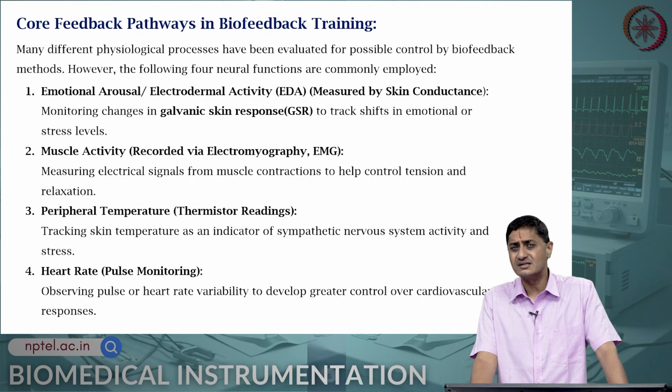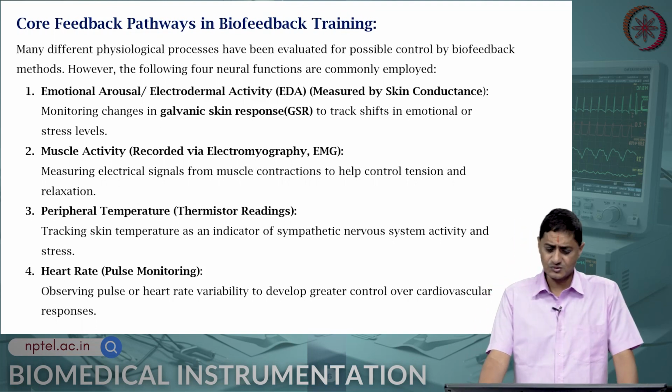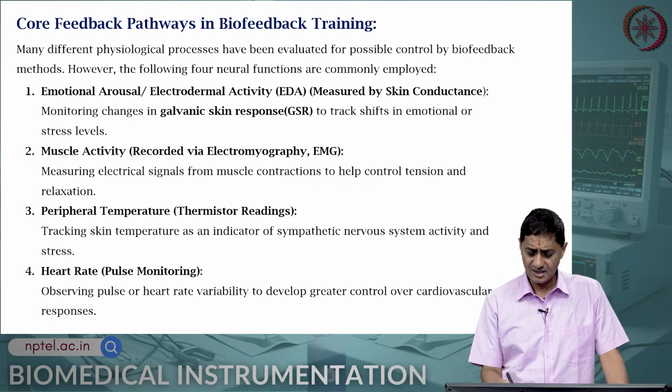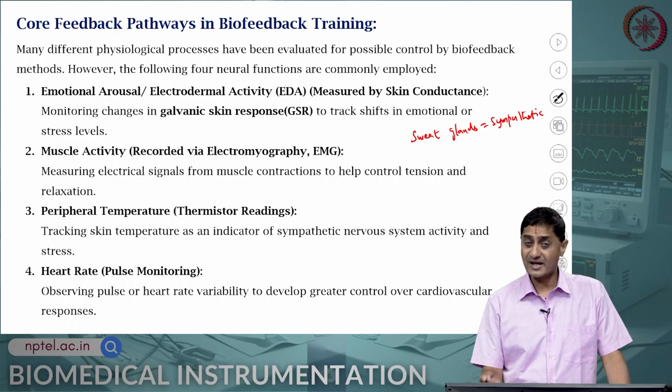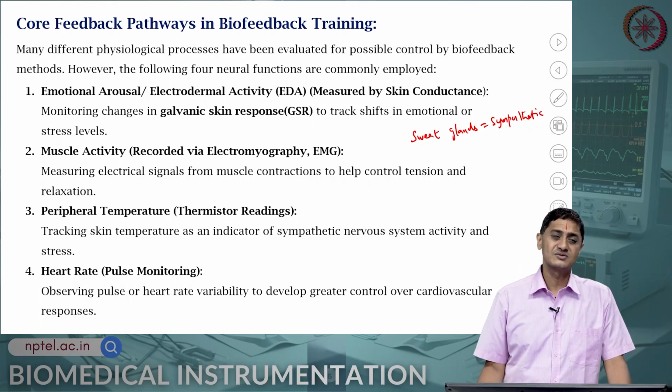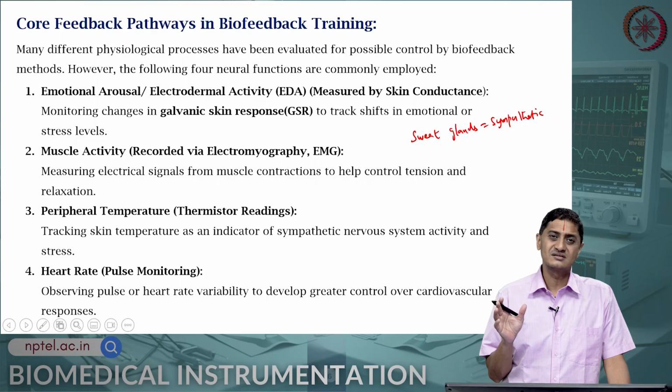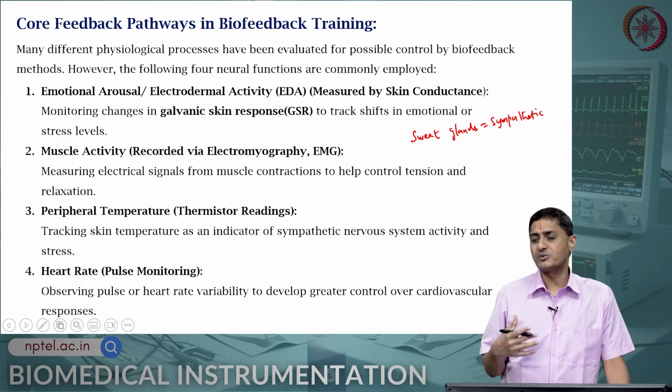It turns out that sweat glands, eccrine sweat glands, have only sympathetic input without the parasympathetic input to balance it. So, that means the amount of sweat is controlled through an open loop, from the body's viewpoint.